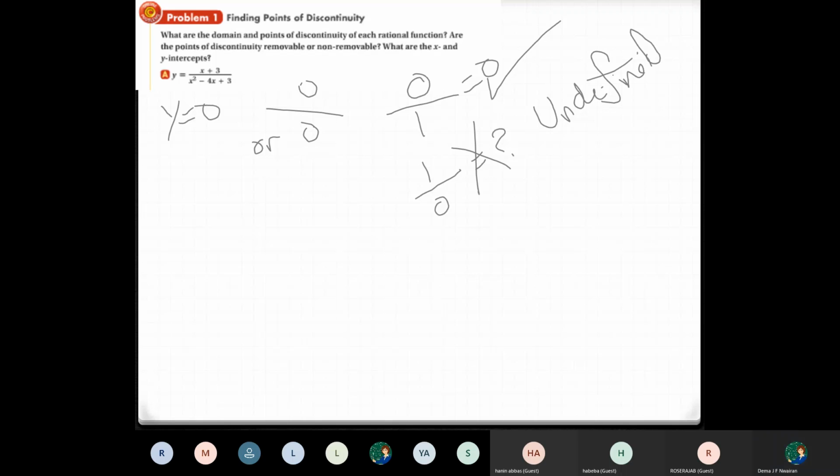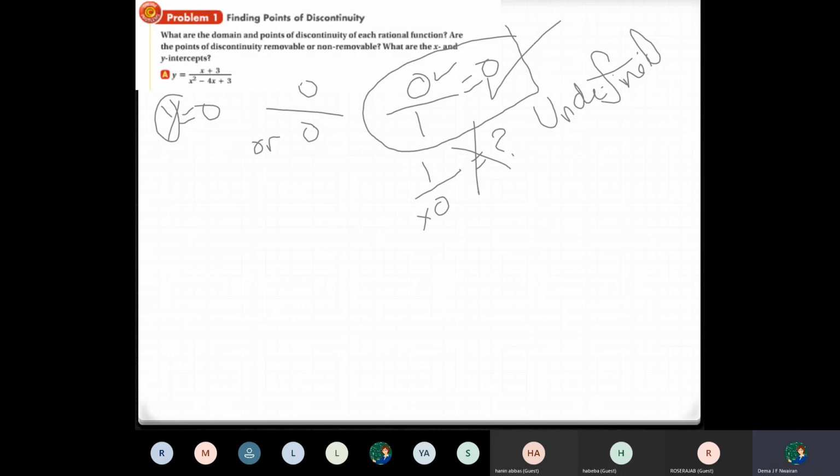Can I say 0 over 1 equals 0? Yes. But can I say 1 over 0 is equal to 0? No. It is undefined. So if I want y to be 0, the only thing I have to do is make the numerator 0, because the denominator cannot be 0, as any number over 0 is undefined.